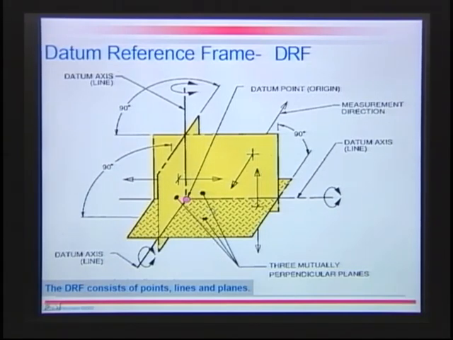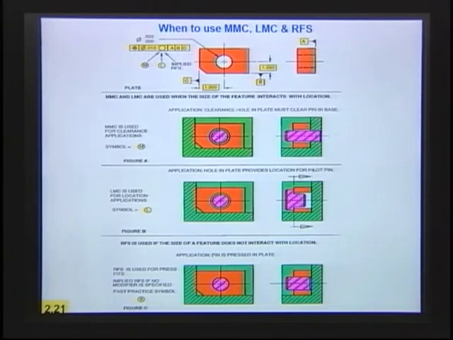And you know, in the fundamentals workbook, if you're not familiar with datums enough, you want to take a look in the fundamentals workbook. Chapter 5 talks about datums. Chapter 6 will talk about modifiers, which you will want to know something about also. All right, when to use maximum material, least material, regardless of size.